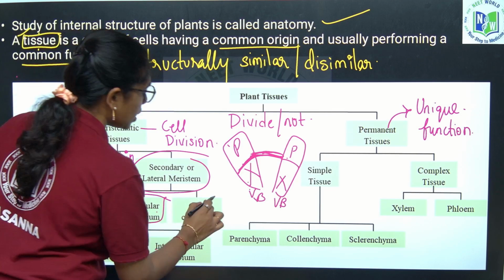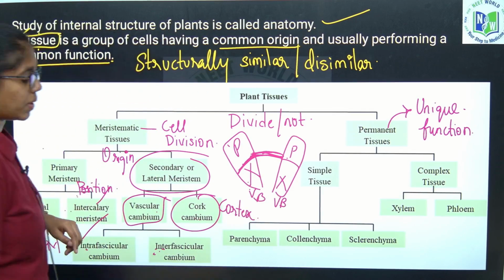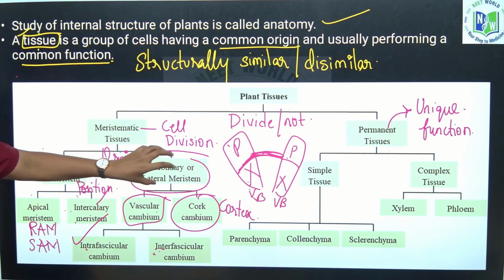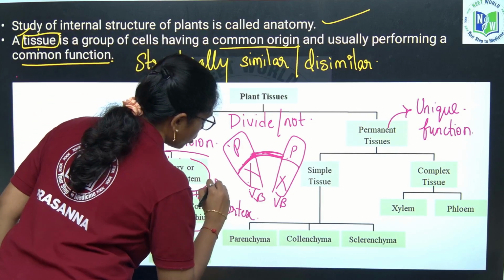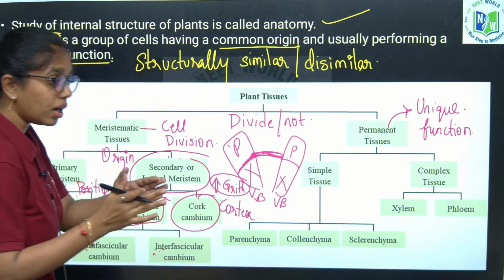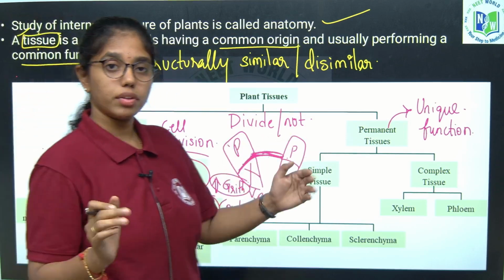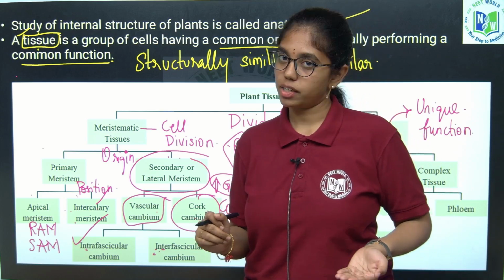Cork cambium is present in the cortex region. The only role of secondary or lateral meristems is to increase the girth or size of the plant. It is mostly seen in gymnosperms and woody plants.